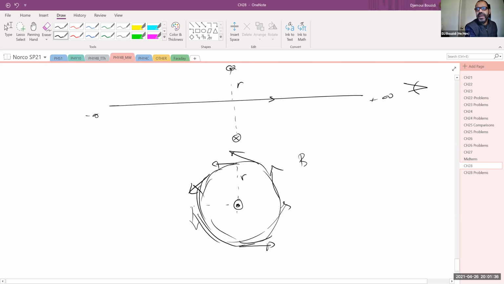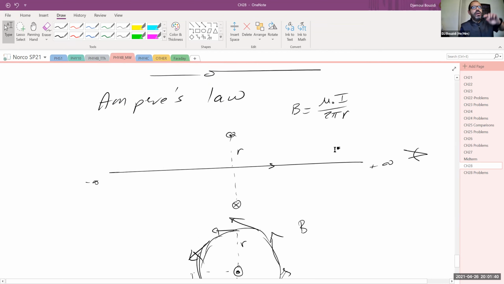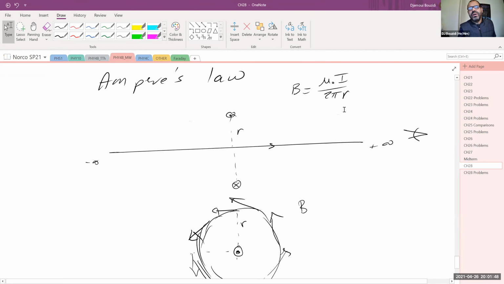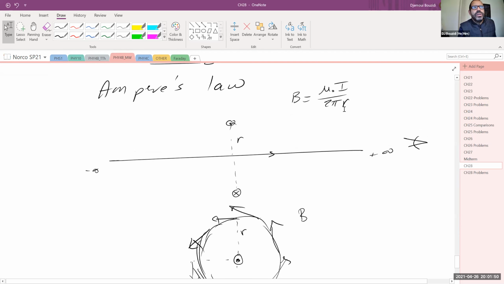So the magnetic field B is given by that expression, and it's along the path of the circle whose radius is R, because R does not change. If R doesn't change on the circle, then the magnitude stays the same because you're dividing by the same quantity. I is the same for the entire wire. Mu naught is constant, 2 pi is constant.